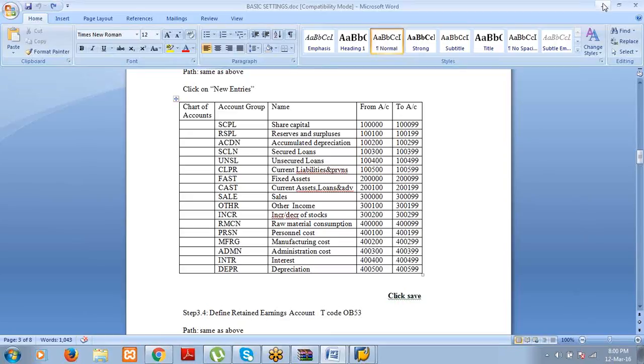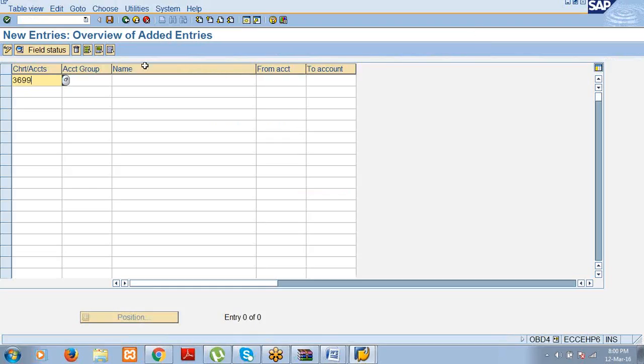Okay. I hope everybody has written the chart of accounts in every row.